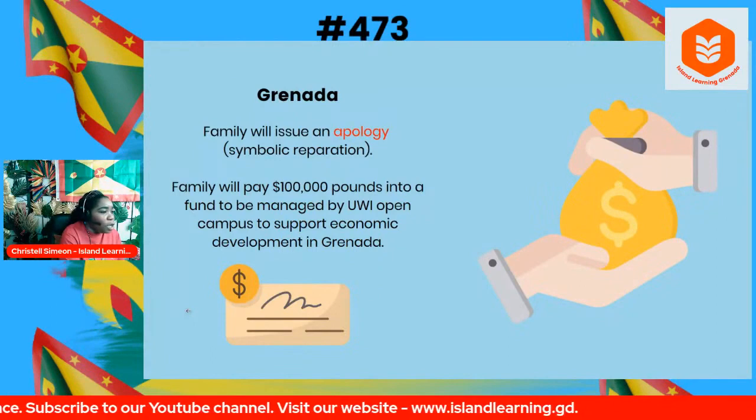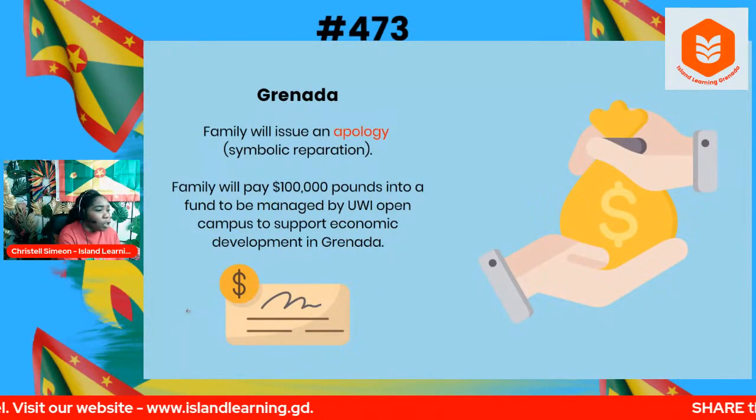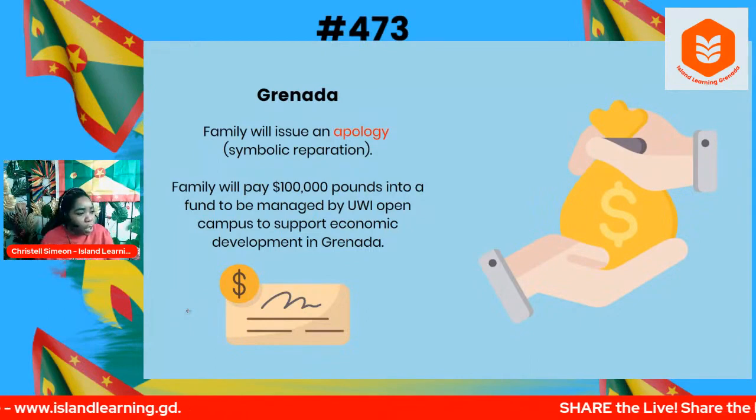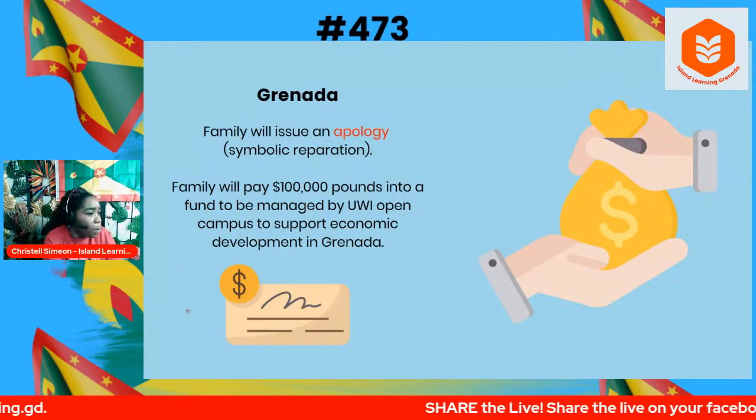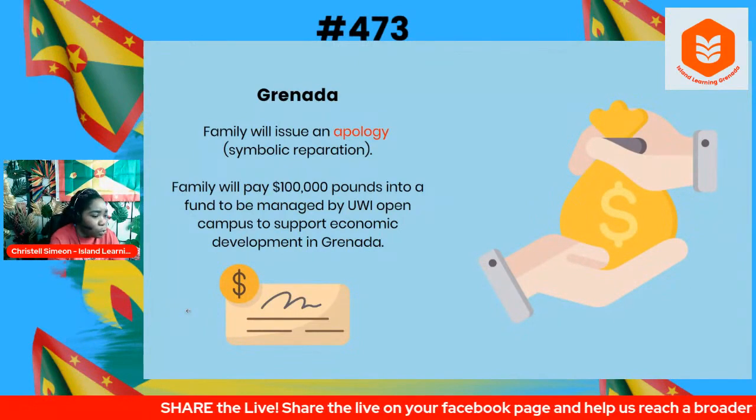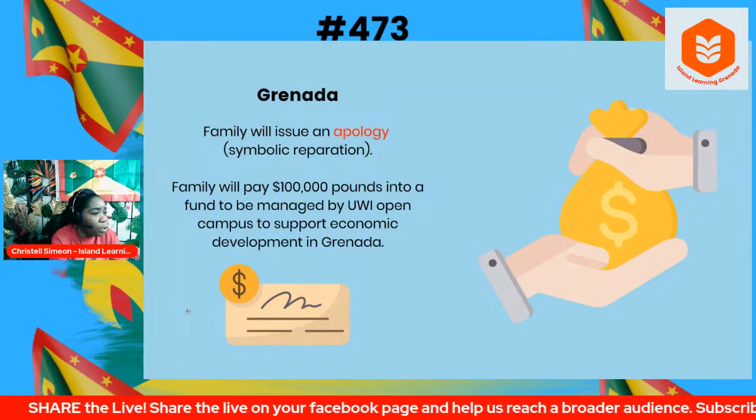That fund is intended for research and economic development. Some of the monies would go into further research on reparation, and some will go towards the economic development of Grenada.